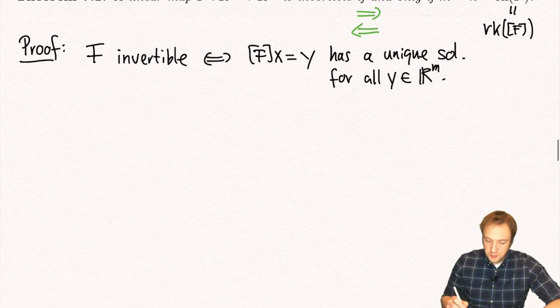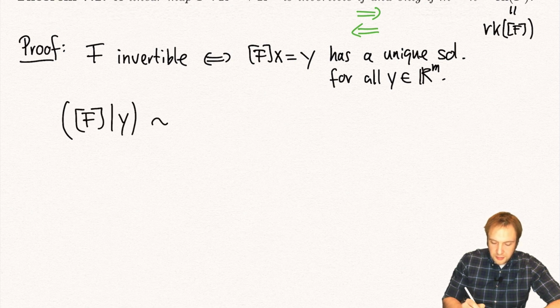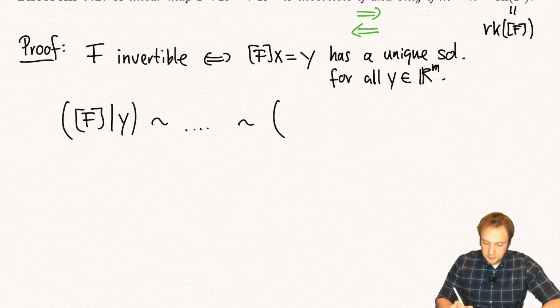And how do we find this? Well, we start with this augmented matrix (F|y), and then we do some row operations, and in the end we end up with the row reduced echelon form of this augmented matrix.